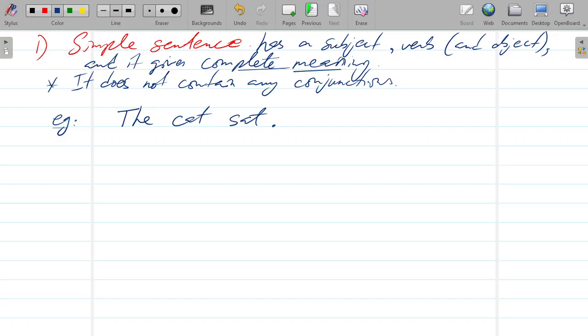So it's a simple sentence. You've got the subject and verb. It doesn't require an object in this case, and it's giving you complete meaning. Now I can add detail to this without using any conjunctions, and it will still remain a simple sentence because it satisfies the criteria. It would have a subject, it would have a verb, it will give complete meaning, and it will not have any conjunctions going with it, right?